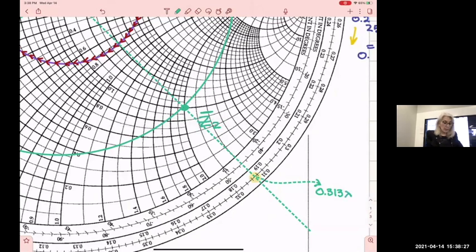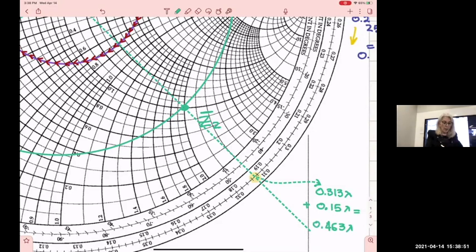Now, that's where I am. I have to add to this 0.15, because that's the length of the line, all right, that I have to move. So I have to add to this 0.15 lambda, which makes it equal to 0.463 lambda.